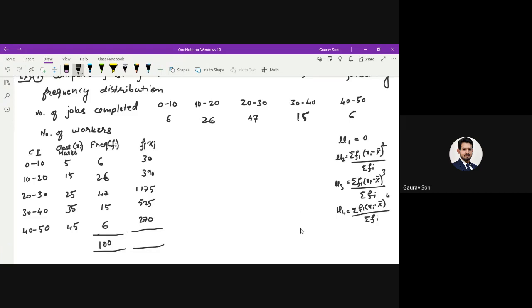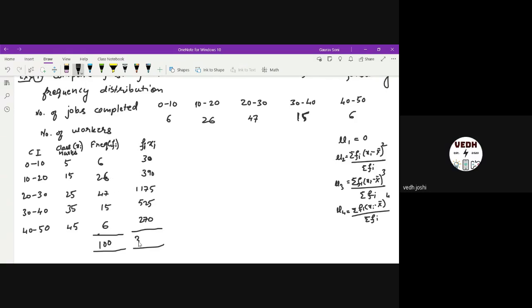you can also check this operation on your calculator. Summation fi xi is 2390. This will be a good exercise. After the lecture, you can try this. How can you find the summation fi xi? It will again reduce your efforts. What was the summation? Can you repeat it? 2390.